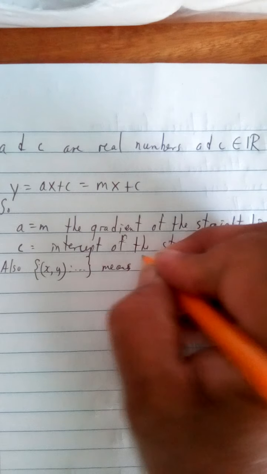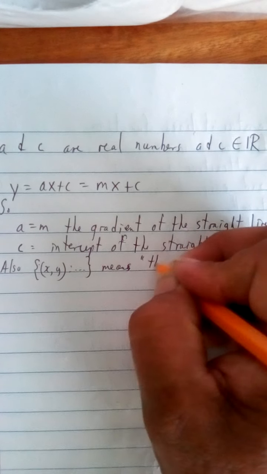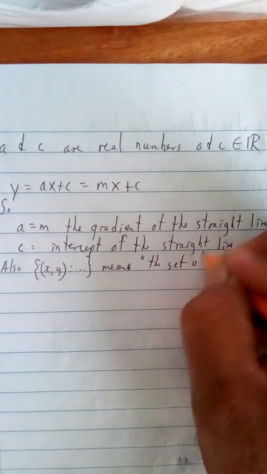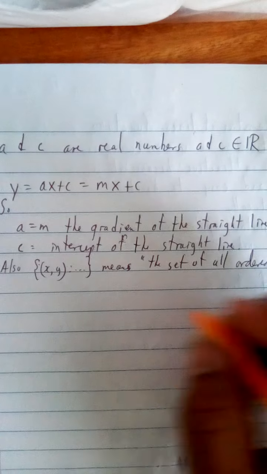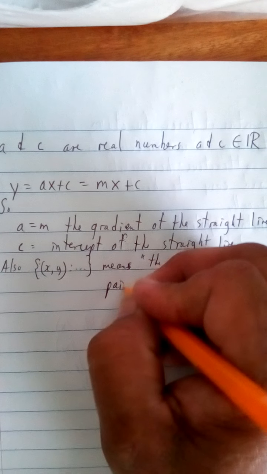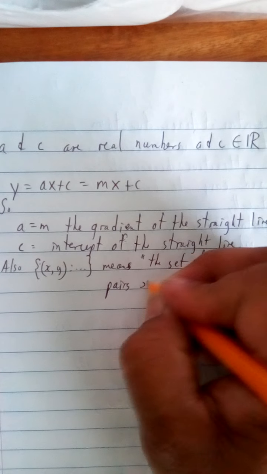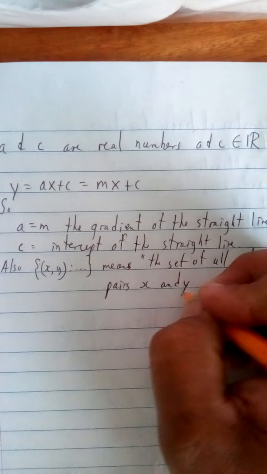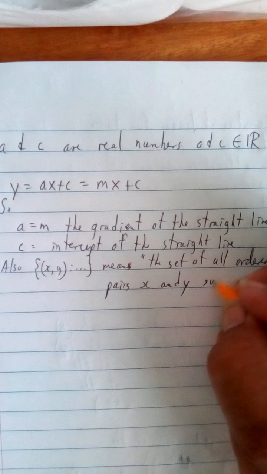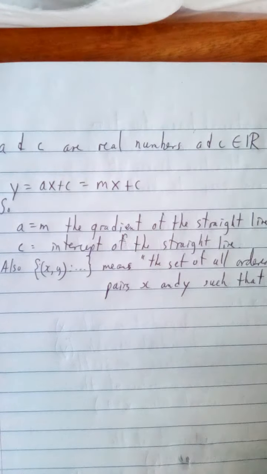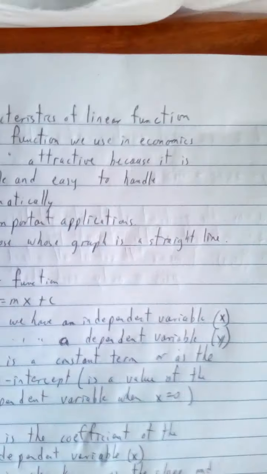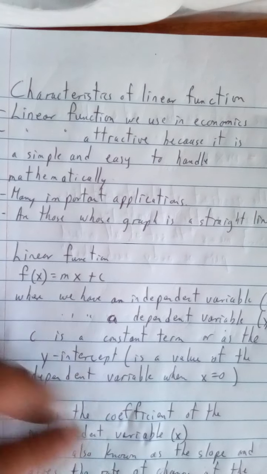It means the set of all ordered pairs (x, y) such that, that's what that means. Okay, so that is what we have here. Make sure you can go through them and understand it.